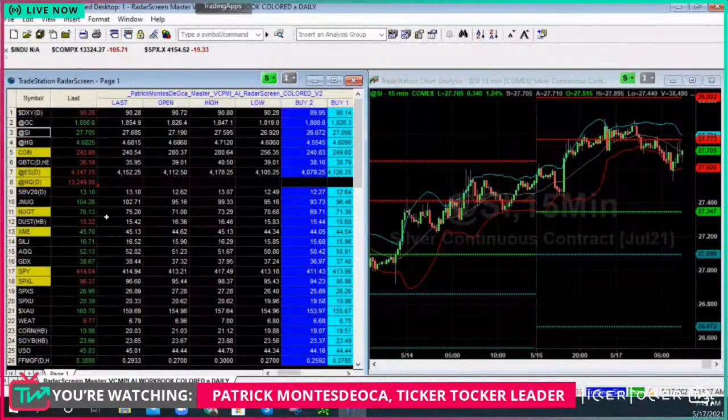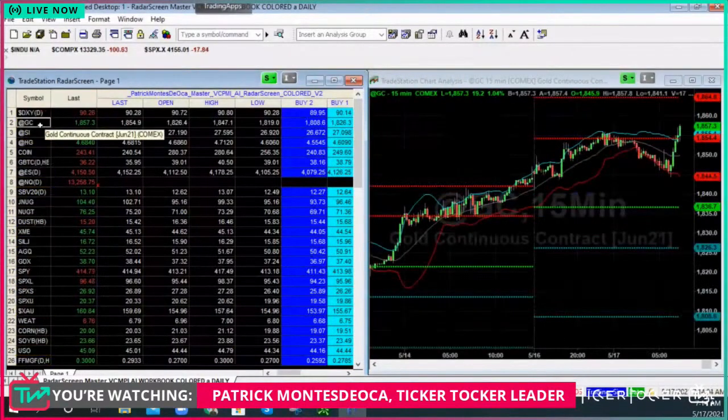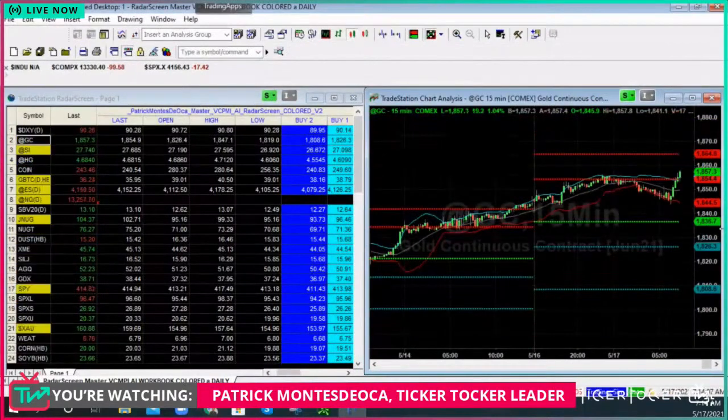The gold market seems to be a little stronger this morning, and the silver seems to be lagging a little bit here. The next target in gold is 1854.